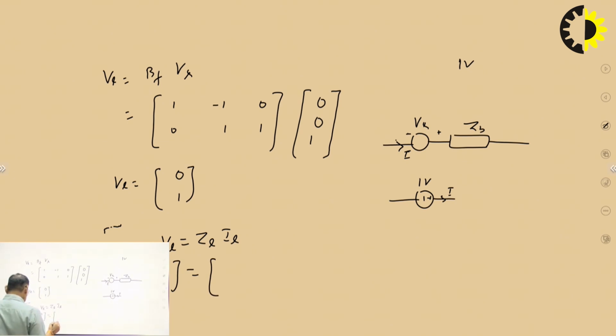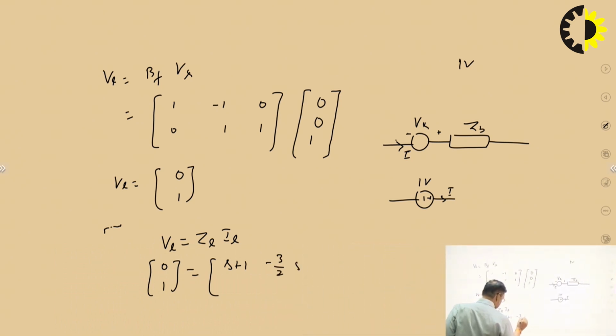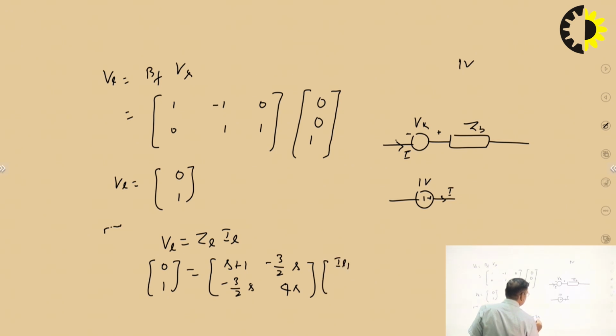So VL, 0 1, is equal to ZL, which we have just found, s plus 1, minus 3 by 2s, minus 3 by 2s, and 4s, into IL1 and IL3, because these are the loop currents.